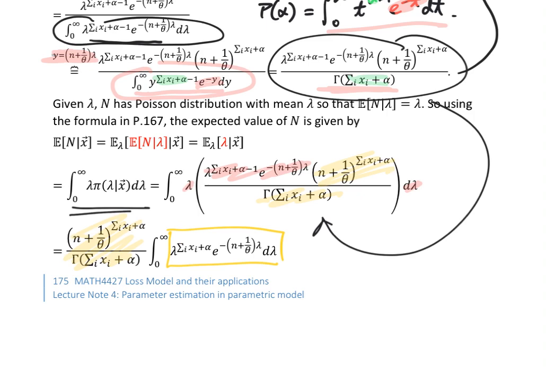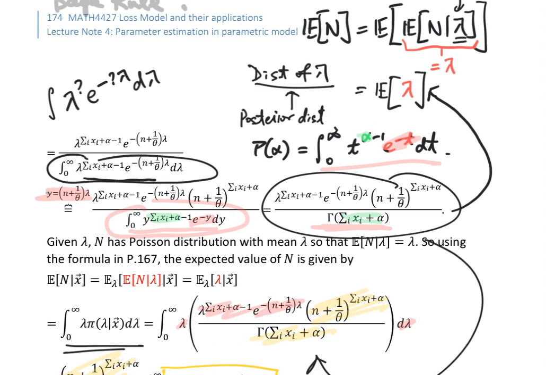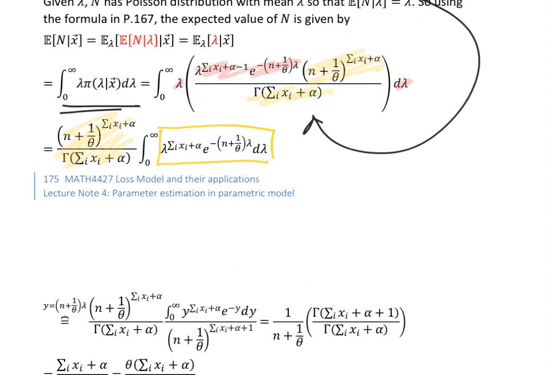Again, this is of the form lambda to the power of something, times exponential to the power of minus something times lambda. So again, to evaluate this integral, we use this gamma function trick. Here again I try to use one substitution, and take the substitution.